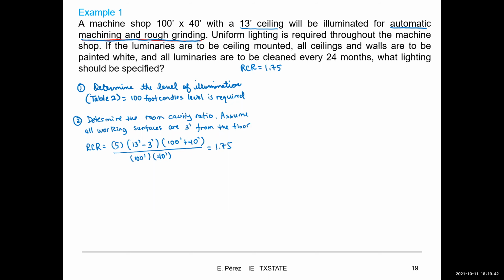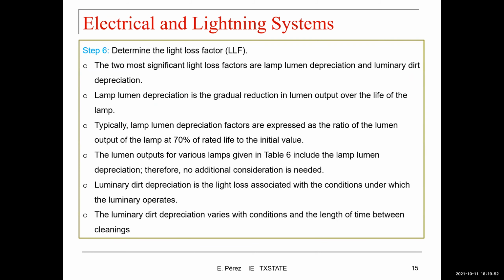Number 3 is to determine the ceiling cavity ratio, or the CCR. In this case, we have ceiling mounted lights.